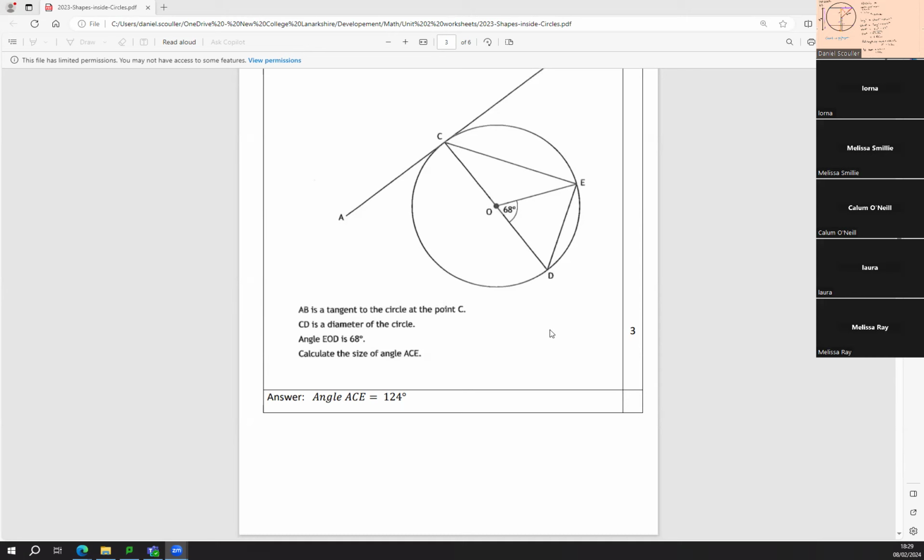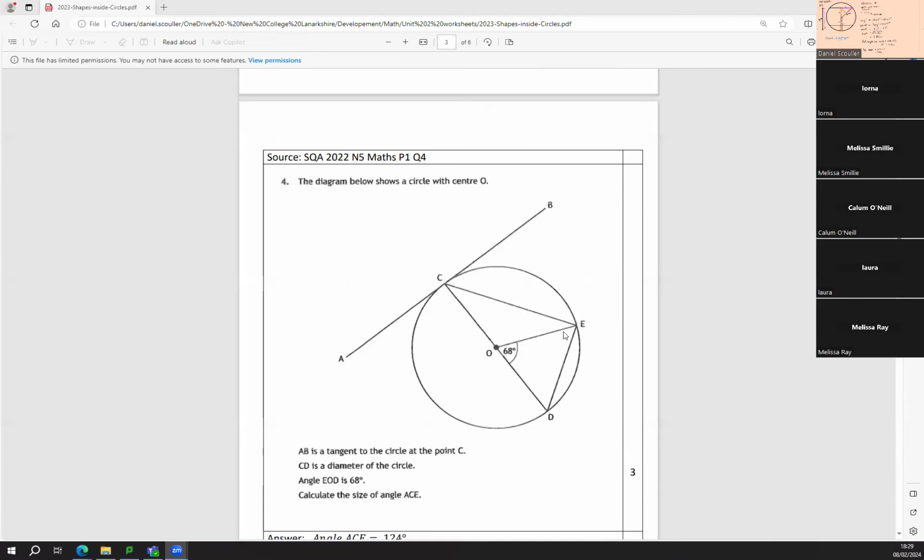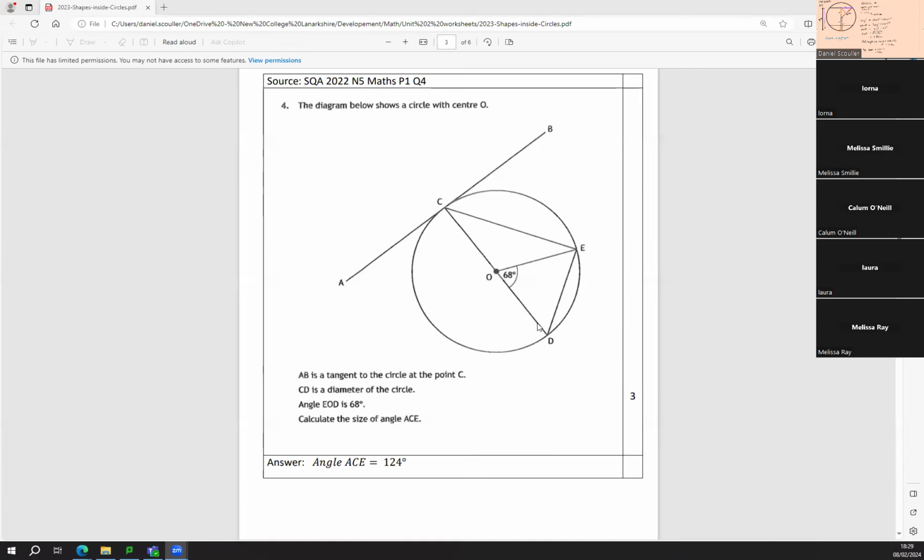This is the other way in which they can ask you circle questions. In this case, we are looking to figure out an angle. In this question, calculate the size of angle ACE. Now remember, when they use letters like that, they're looking for pathways.